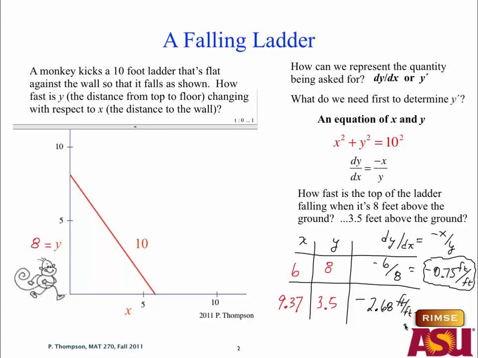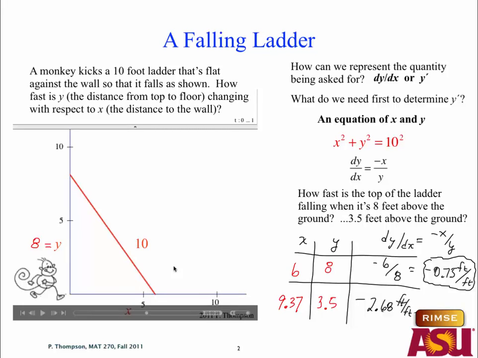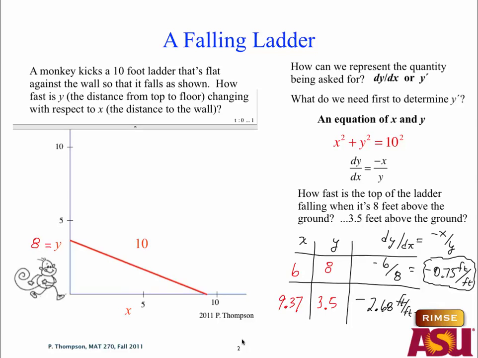Feet per feet, good, okay. So x is 3.5, somewhere around here. Now what's happening here compared to what's happening before? So if it's negative 2.68 feet per feet, what can you say about how the ladder is falling?